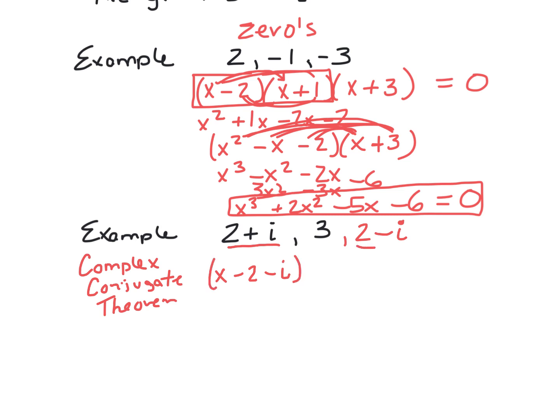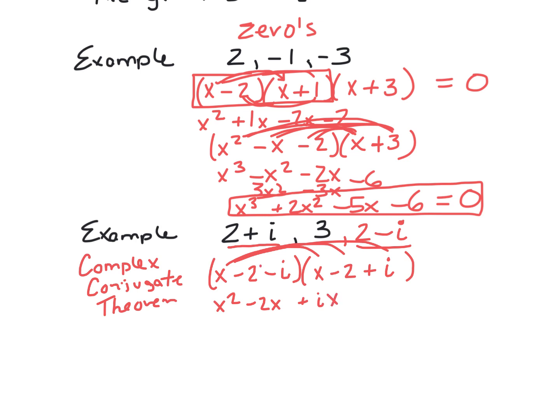And then we're going to do this one, and I'd have x minus 2 plus i. So I'm just taking the opposite of those, what makes it equal 0. And then I would need to distribute. So I'd have x squared, a negative 2x, an xi or an ix.